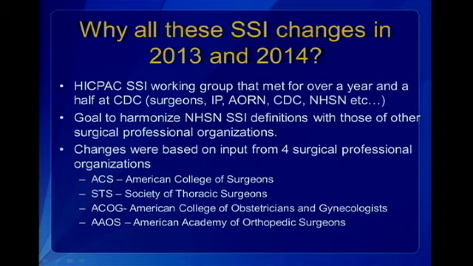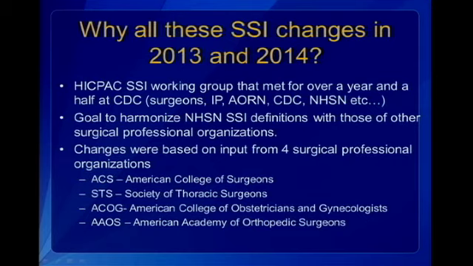But anyway, these changes that have occurred in 2013 and 2014, the definition of primary closure, and all the things that we've done this year, did not happen in a little group of people at NHSN saying, let's change up our definitions. There was a year and a half HICPAC SSI working group that was very multidisciplinary: surgeons, IPs, AORN representatives, CDC, NHSN, infection preventionists.